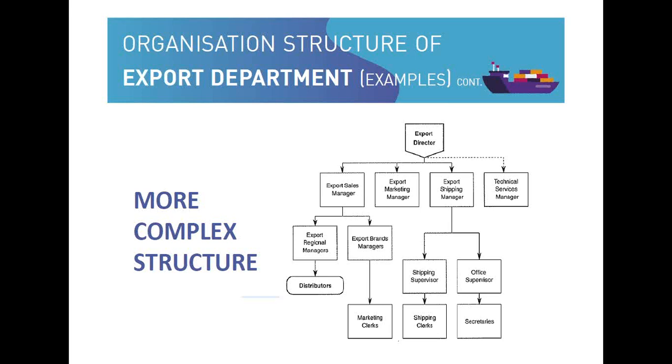Whether you have a basic structure, the one that consists of the export manager, the export manager assistant, and the documentation and shipping officer, or a more complex structure, what you need to know is each of these roles comes with certain functional responsibilities.